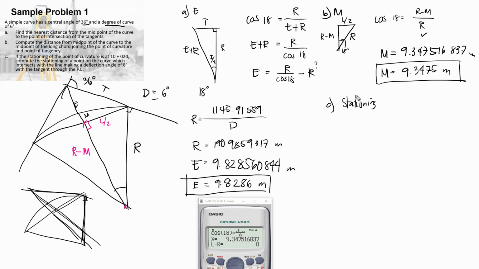Dito kasi medyo bago, or parang hindi ko ata na-introduce last time. 8 degrees. Teka lang, saan ba yun? Deflection angle. So pag deflection angle kasi, balikan natin. Halimbawa, ayan, tapos curve.